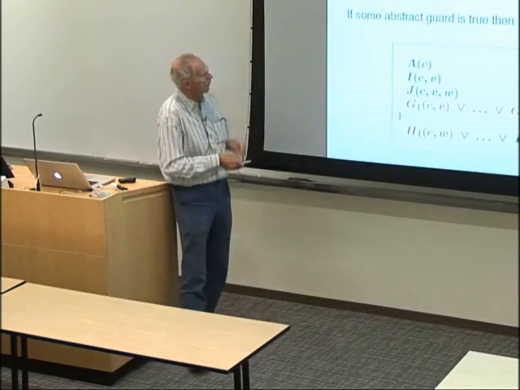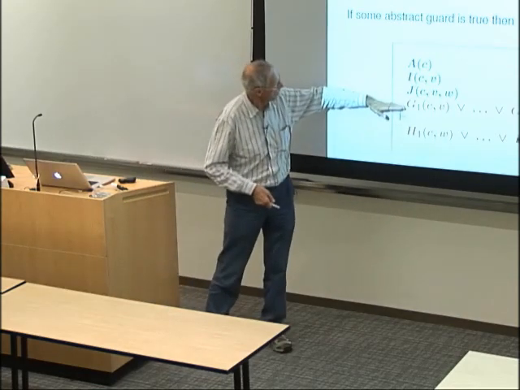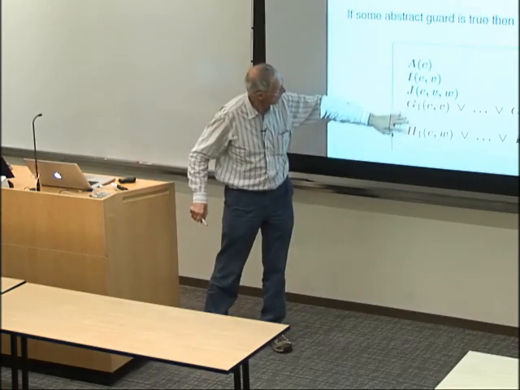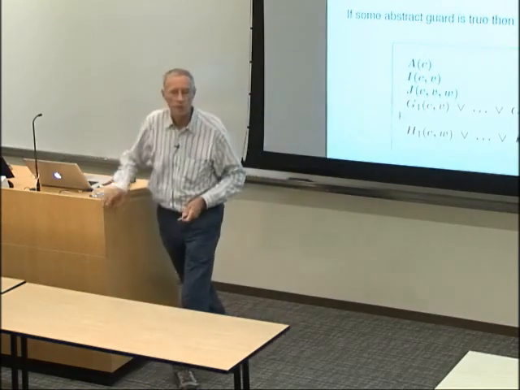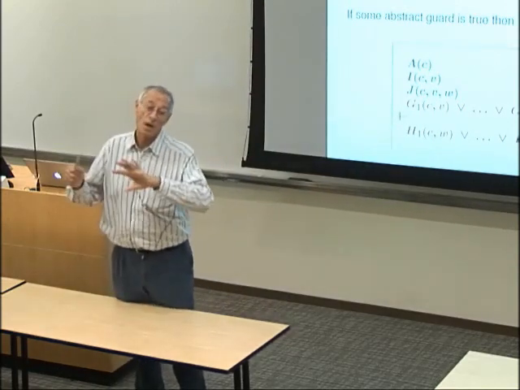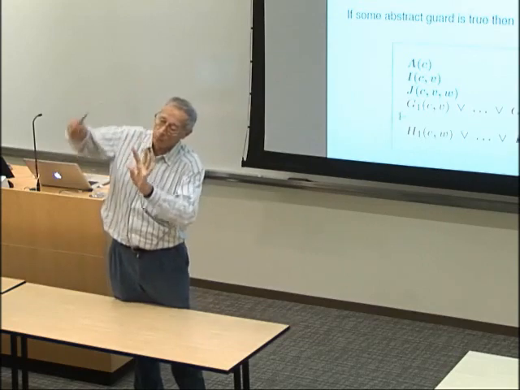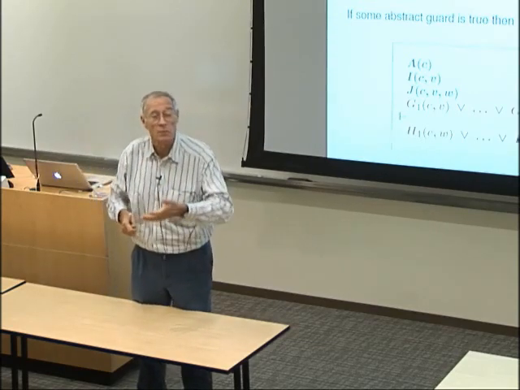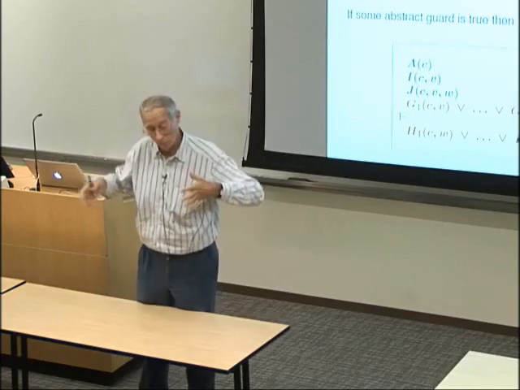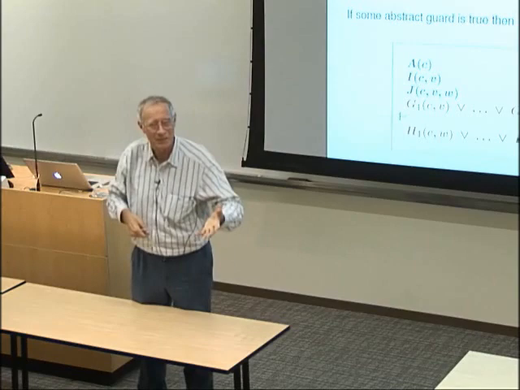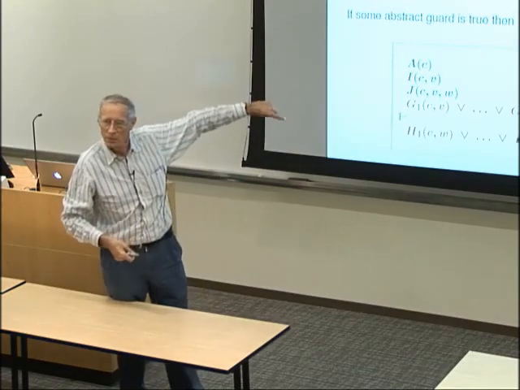So this is what we have to prove, that essentially the disjunction of the abstract guards implies the disjunction of the concrete guards. Now, what is interesting is that you remember guard strengthening. Guard strengthening was working the other way around. A concrete guard was stronger than an abstract one, and here we are going the other way around.